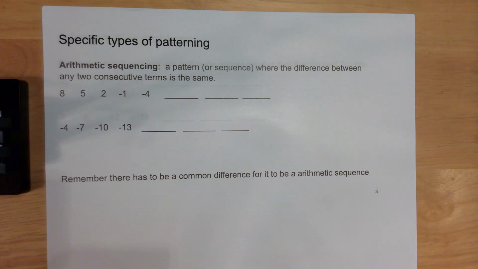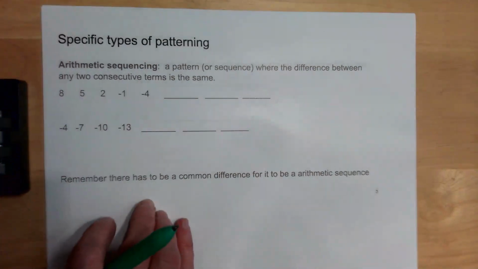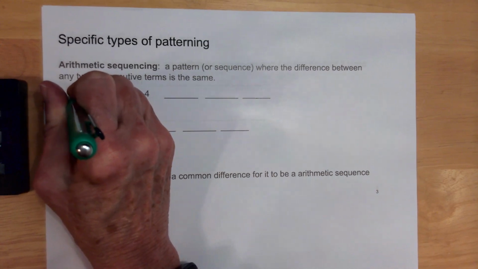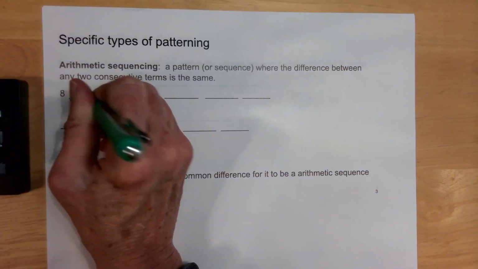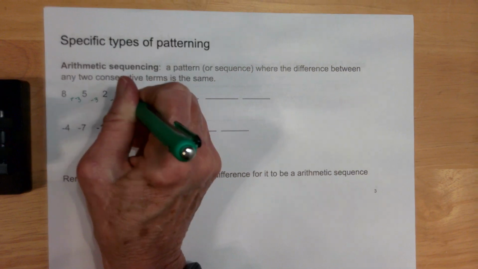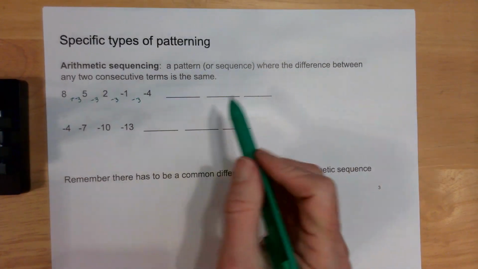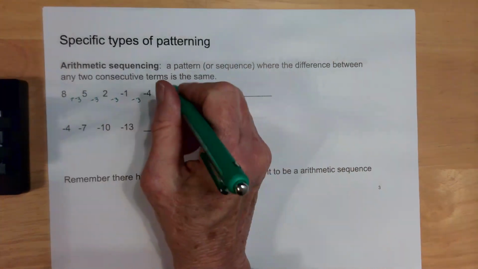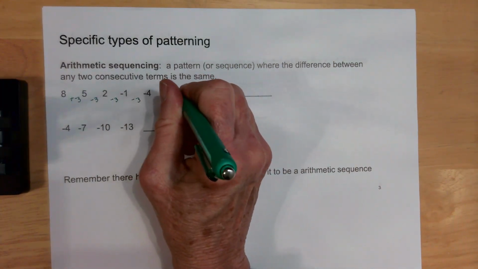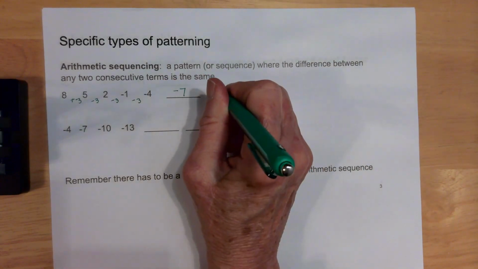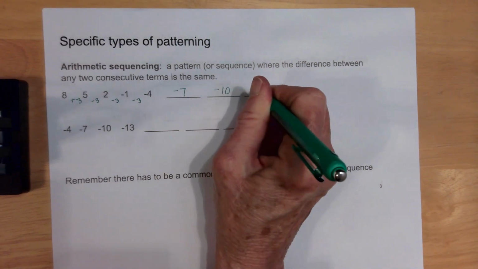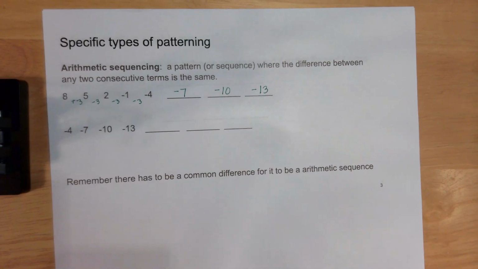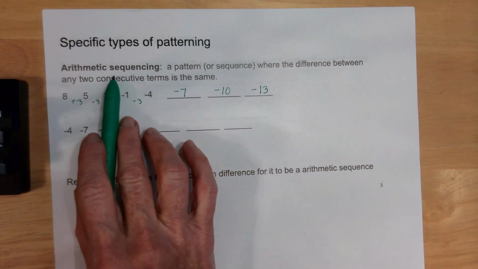So if you look at this particular sequence, you would see that I am adding a -3 between each number. That's what we would call their common difference. So when I add a -3 to the -4, I get a -7, a -10, and a -13. Those would be the next three numbers in that arithmetic sequence.